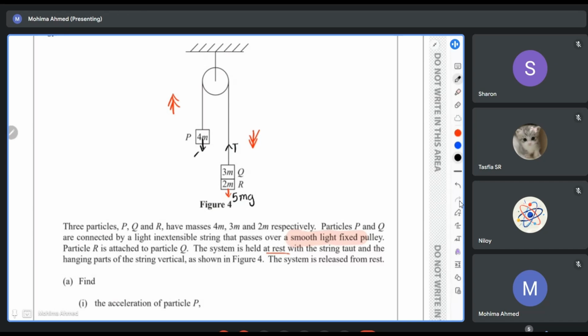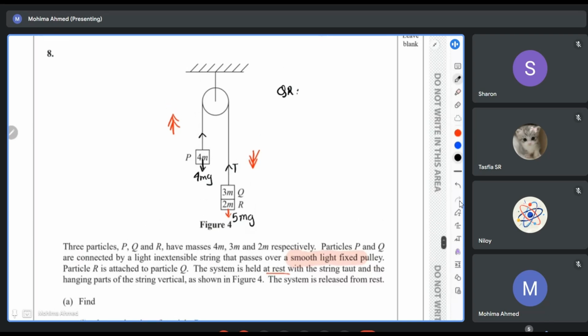And over here, you have 4mg in the downward direction and tension in the upward direction for particle P. For Q and R combined, 5mg is the greater force, so we can write 5mg minus T equals 5ma. For particle P, the object is moving upward, so tension is greater this time: T minus 4mg equals 4ma. The tensions cancel each other.